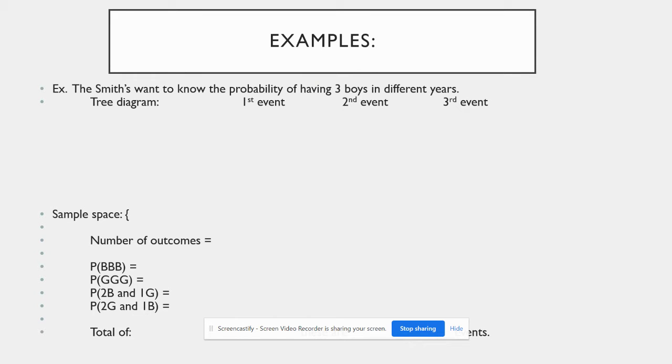The Smiths want to know the probability of having 3 boys in different years. So your choice for the first baby is a boy or a girl. After the first baby, you have a choice of a boy or a girl, regardless of if you had a boy or a girl to start with.